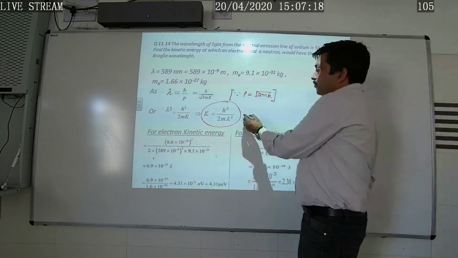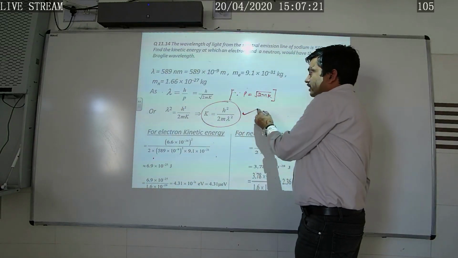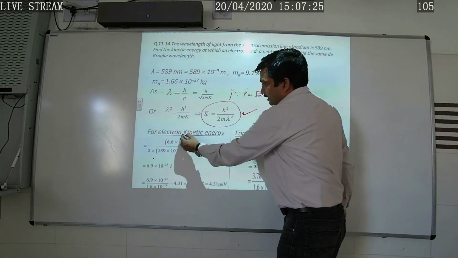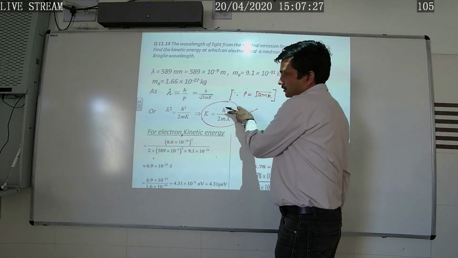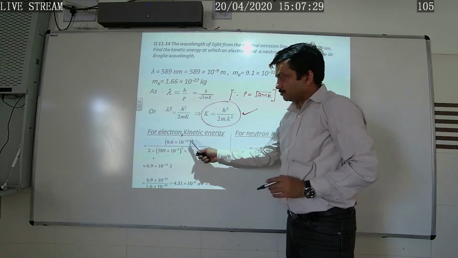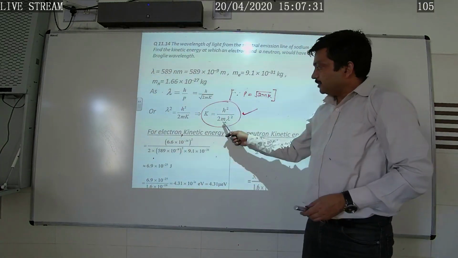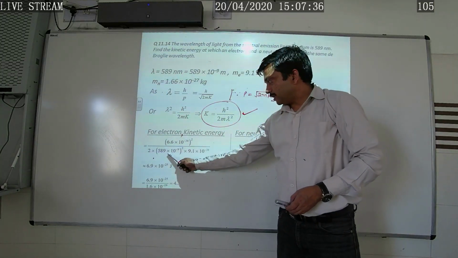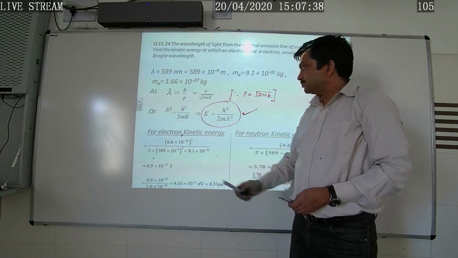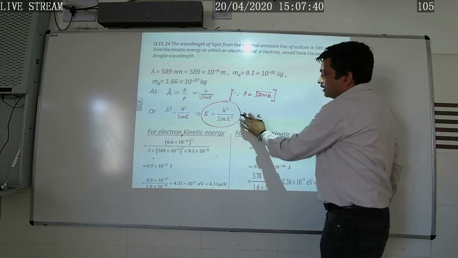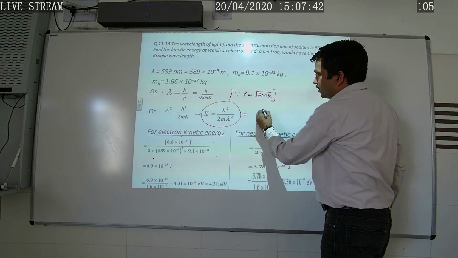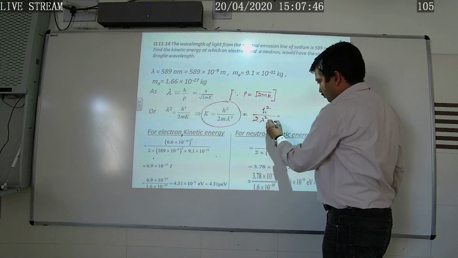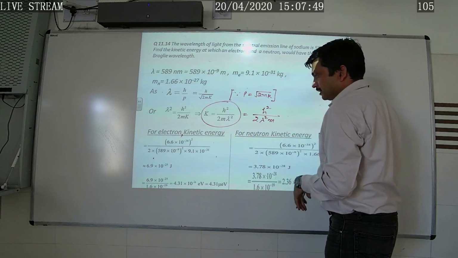We have made the general formula to find the kinetic energy. Now for the electron, the kinetic energy is given by h, the Planck's constant, whose value we substitute, m is the mass of the electron, and lambda is the wavelength. So we use the formula h square over 2 lambda square into m.